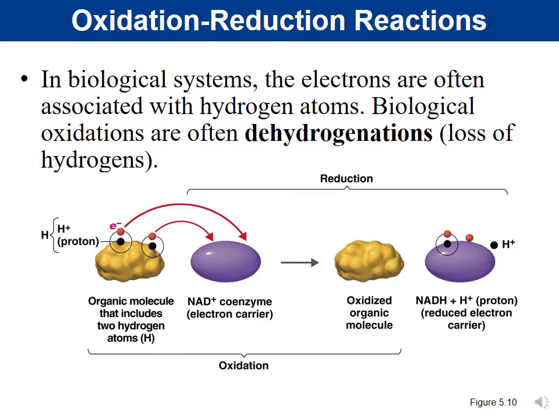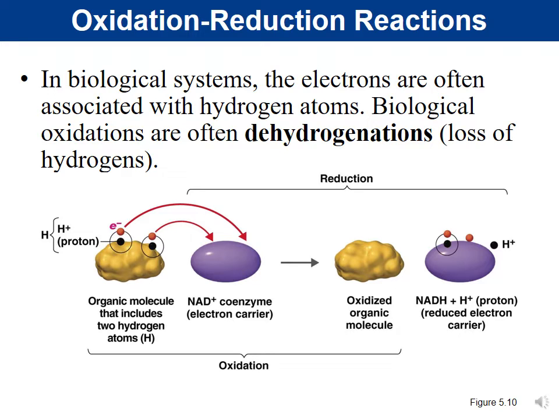So this is just showing you an example of a redox reaction. So the yellow blob is an organic molecule. So let's say glucose, for example, right? So glucose, remember, in respiration is going to become oxidized. It's going to lose its electrons.